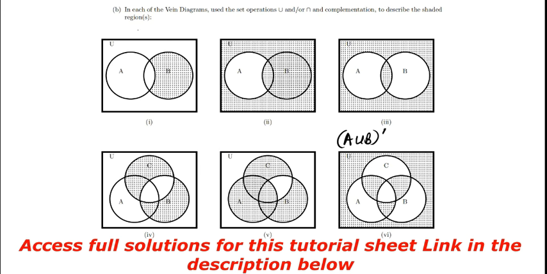When you add the elements in A and B, complement simply means bring together all the elements in A and B, then take elements outside A and B. That is going to be this part outside here.